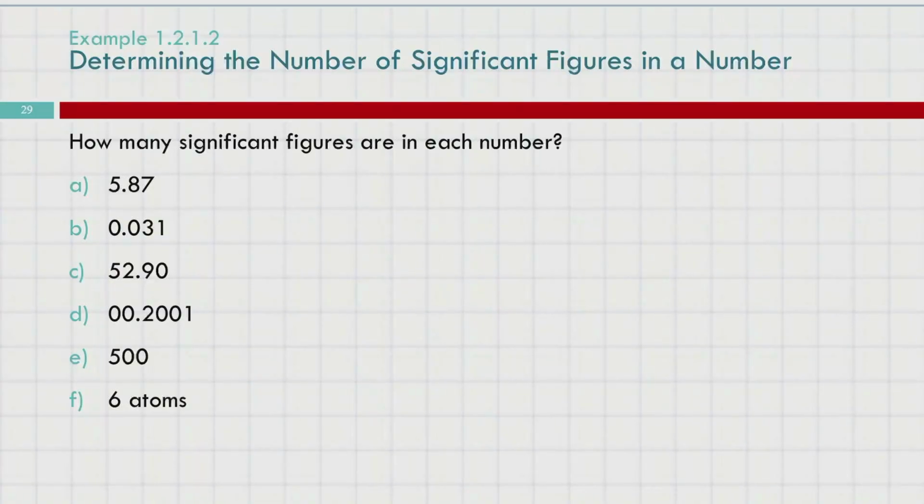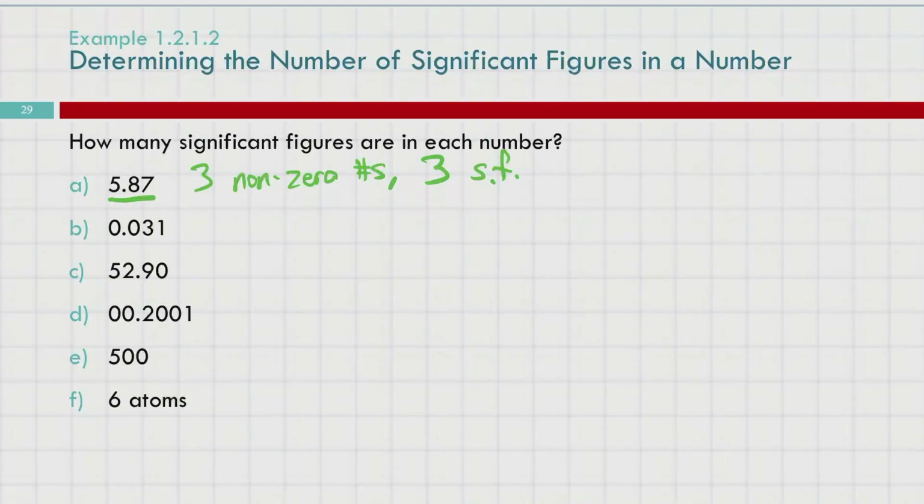All right, as promised, that was a little bit of time. How many significant figures do we have in each number? In A, we have 3 non-zero numbers. So 3 significant figures. Nice and easy.